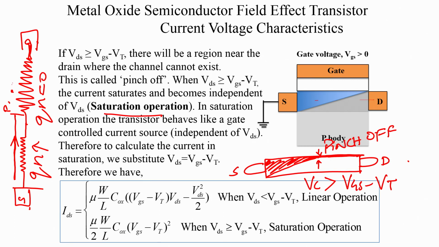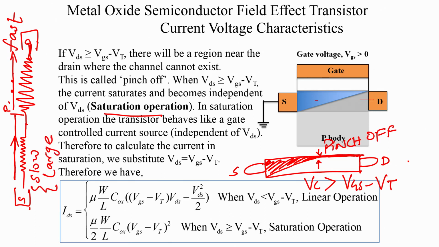So, you have a few electrons that are racing past this depleted region because of the high electric field. So, you have fast electrons, and slow but larger number of electrons. Which means that the entire flux has low velocity, but large number. Beyond this, the number becomes very small, but the velocity becomes very large.